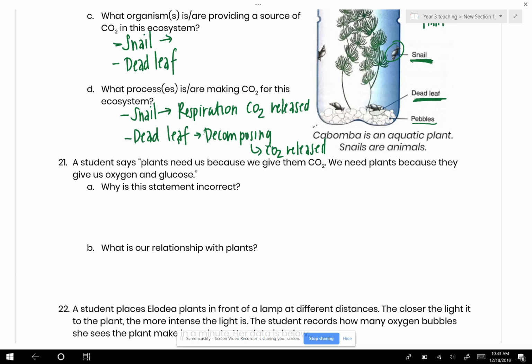There are a couple of things going on. First, we have to think about how photosynthesis and cellular respiration are connected to each other. We can look at it this way.